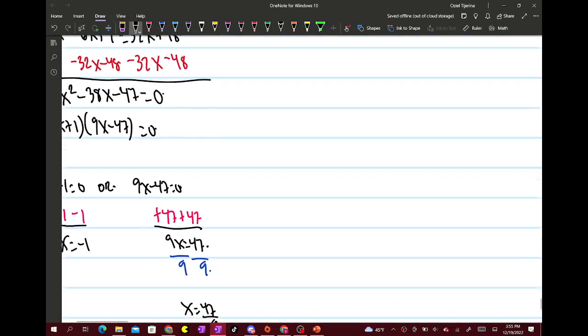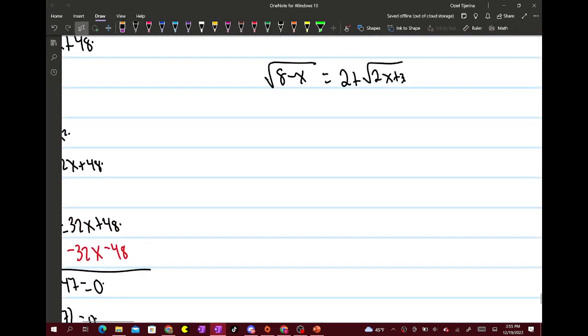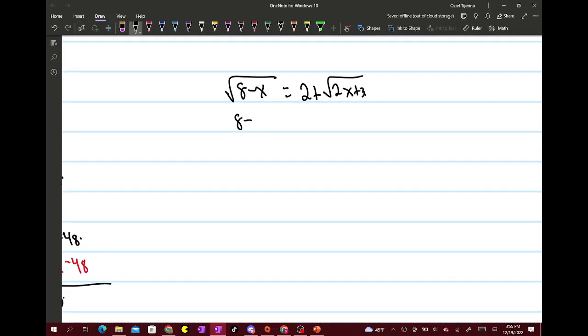So we're going to plug in x equals -1. So we have 8 minus -1, and is this equal to 2 plus the square root of 2 times -1 plus 3, right?